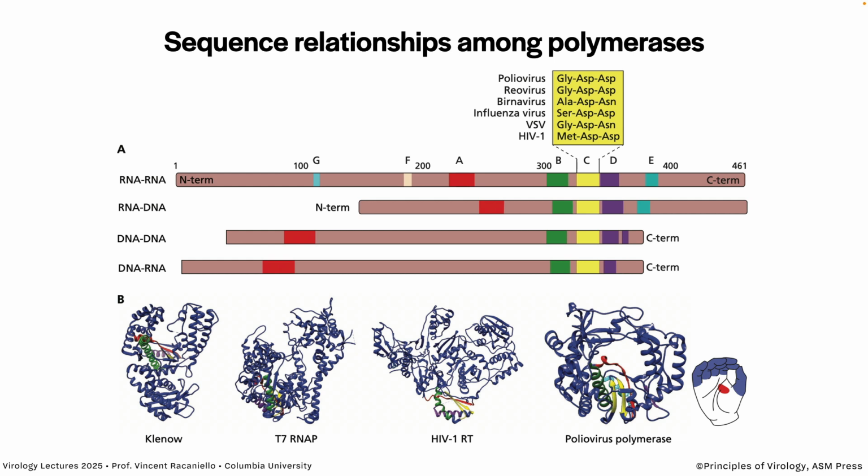And just like all the other polymerases, RT, RNA-dependent DNA polymerase, has sequences in common with the other polymerases, particularly this active site here shown in yellow. And in the active site, remember, there are 2 metals that are coordinated by 2 aspartate residues, and there they are, right there in the yellow sequence.